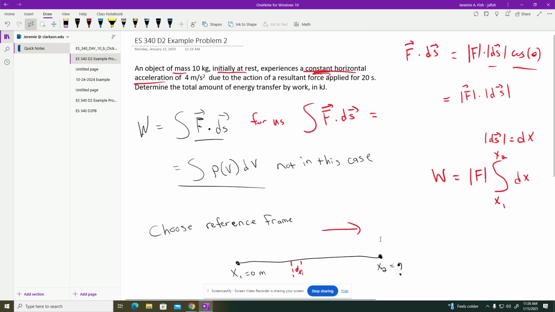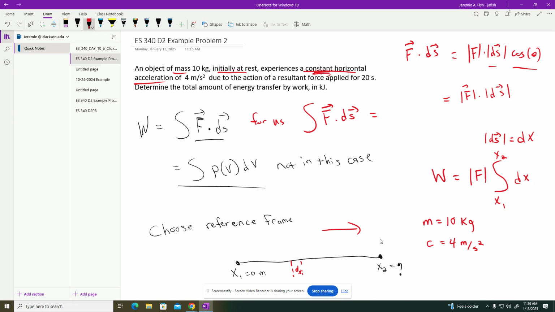Okay, so now let's take note of what we know. We know that m is equal to 10 kilograms. That was given to us. We know that a constant acceleration a, which I'll call c, is 4 meters per second squared, and we'll see why I call this c in a moment.